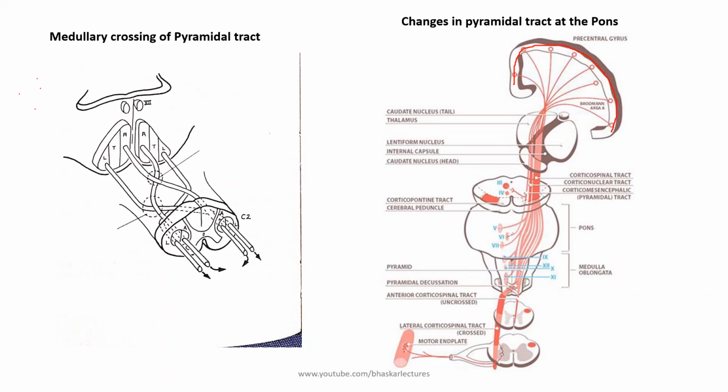Now in the pons, what all do we see? This is the 5th cranial nerve nuclei, 6th cranial nerve nuclei, 7th cranial nerve nuclei. You can see that the width of the pyramidal tract fibers is wide here, whereas here it is very narrow.